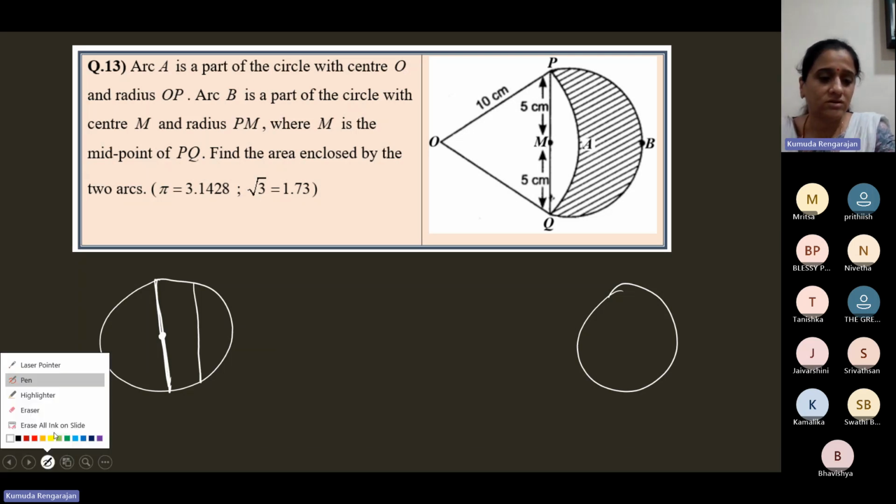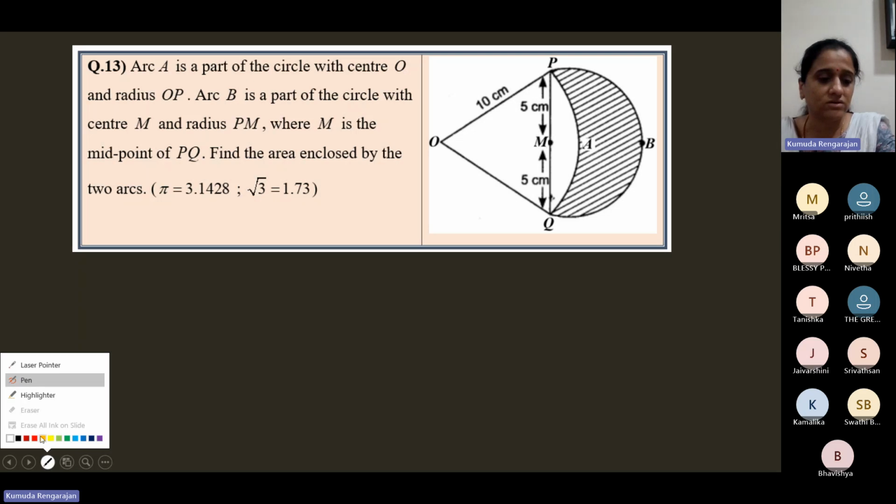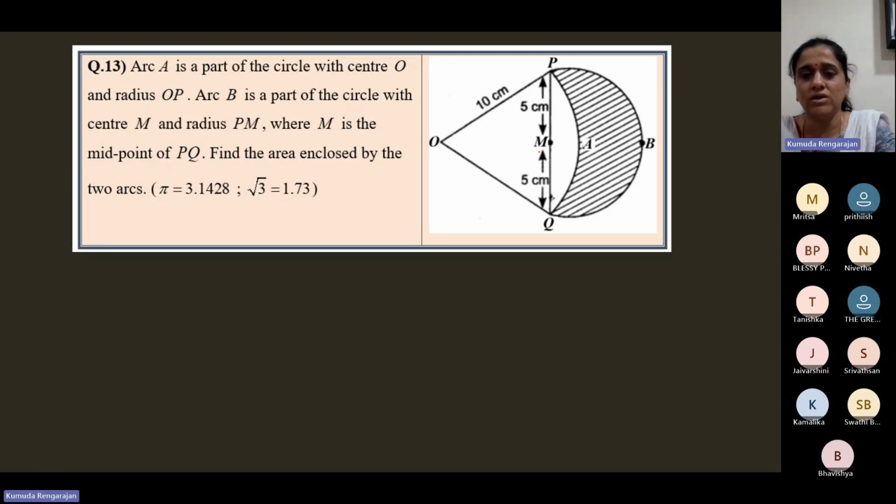Here it's given that M is the center of this arc B, and M is the midpoint of PQ. M is the center and M is the midpoint of PQ.